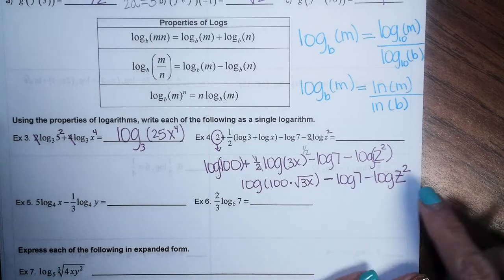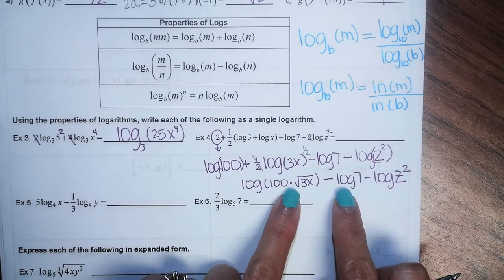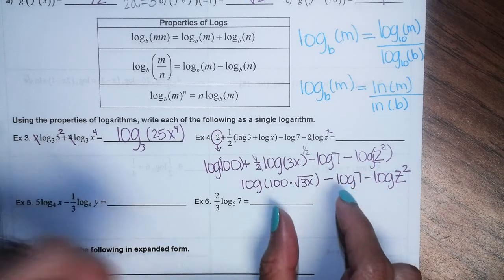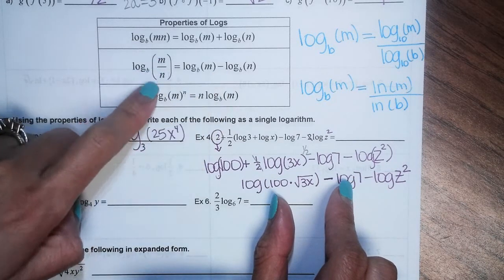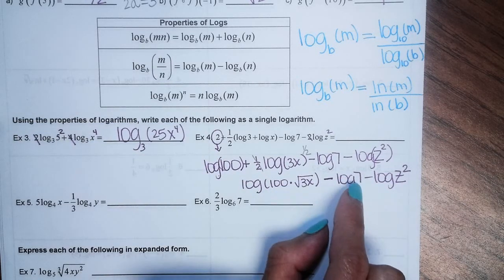So the next one I'm going to do are these first two: the log of 100 times the square root of 3x minus the log of 7. So these two logs can be combined into one single log by doing the minus. So I'm going to divide the 100 square root of 3x over 7.